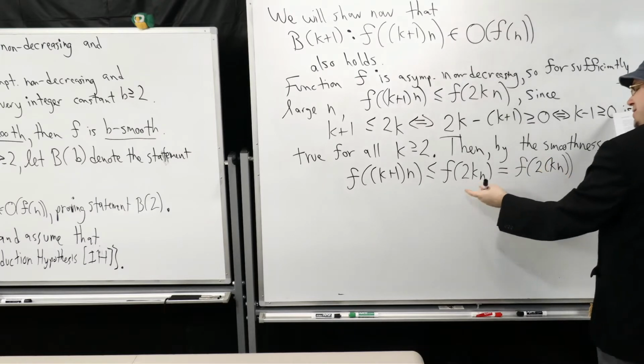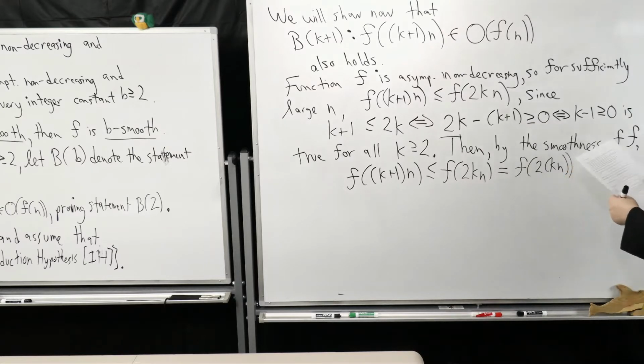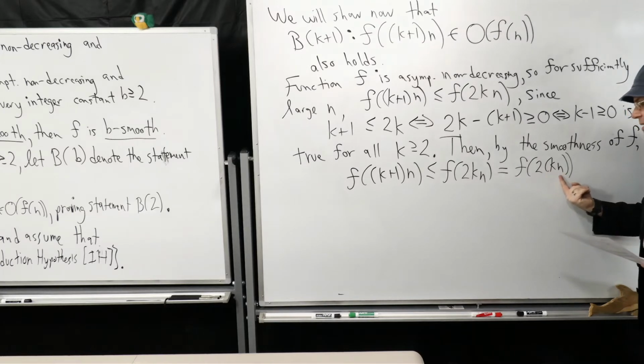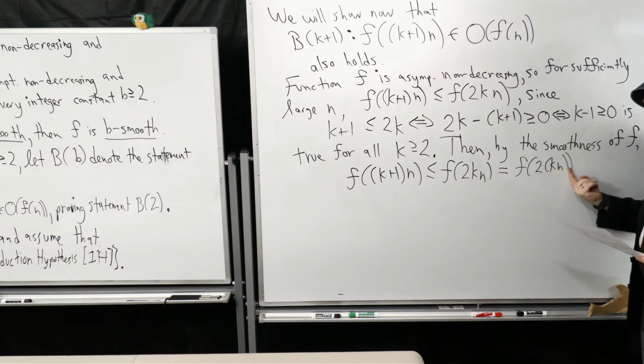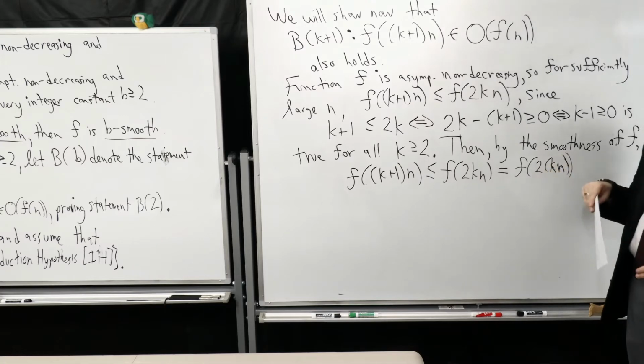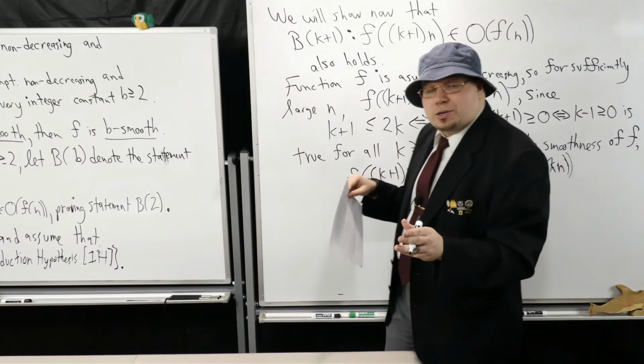This is no different than this. But what does that mean? If I have f of 2 times something, this should look a little familiar to you. So I have 2 times something inside the f. And I know that f is smooth.